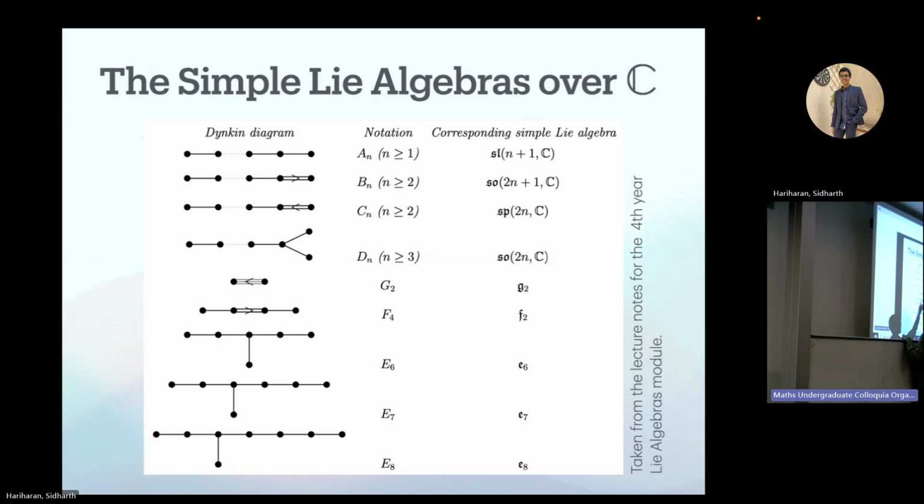It's not the number of bars, because the number of bars corresponds to the number we were talking about. Two bars corresponds to having a 4, three bars corresponds to 6, and so on. Rather, the interesting thing is the direction of the arrows, because the arrows go from long roots to short roots. With CN and BN, the difference is the length of the roots.